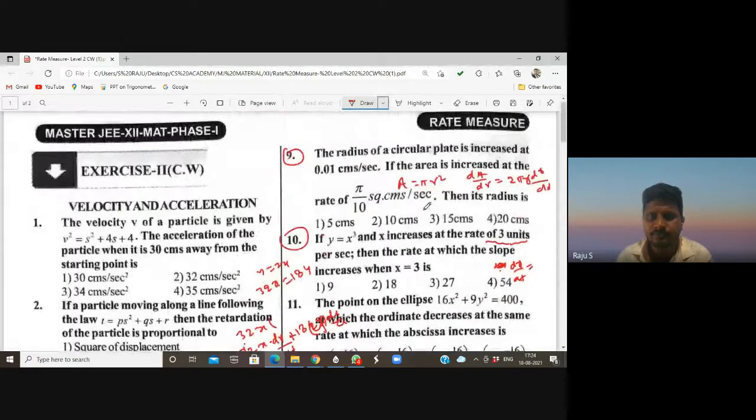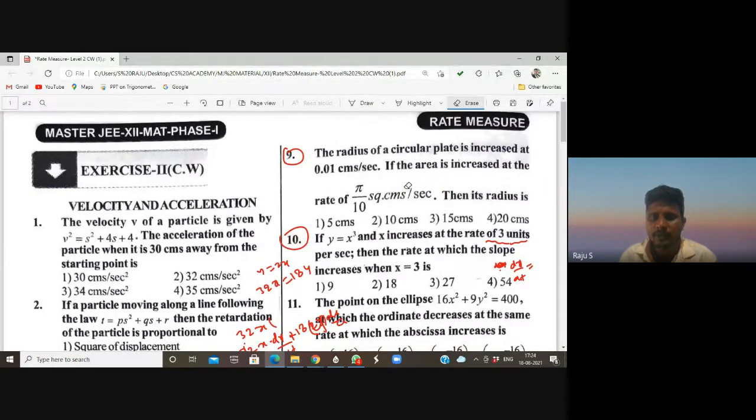Next question, question number 9. Right, students, let's see. The radius of a circular plate is increased, and the rate of change of radius can be denoted by dr by dt.